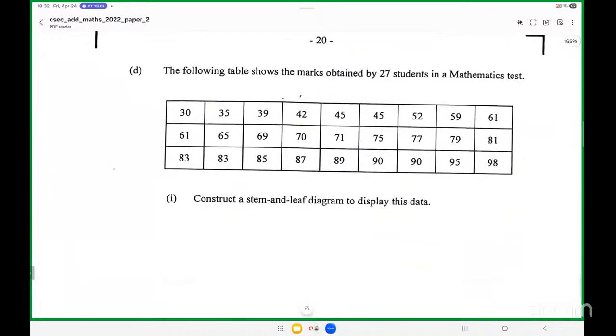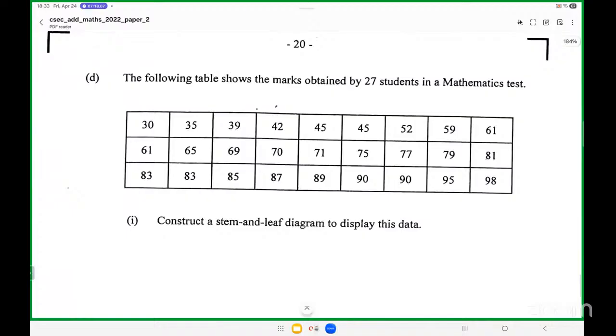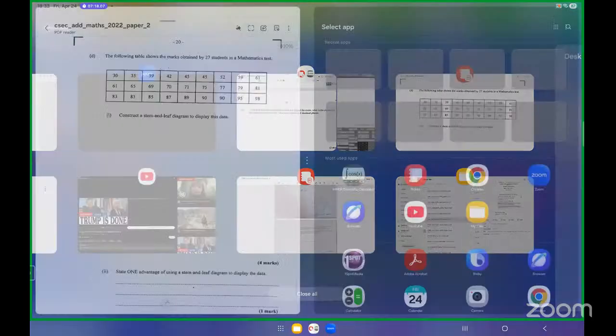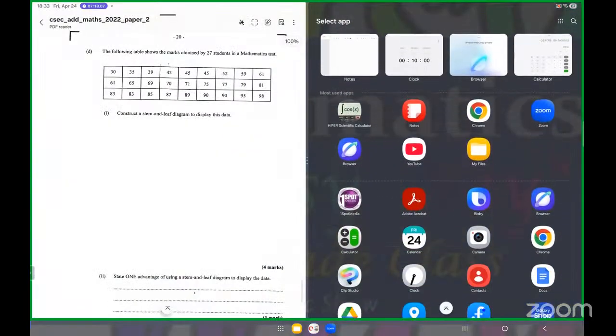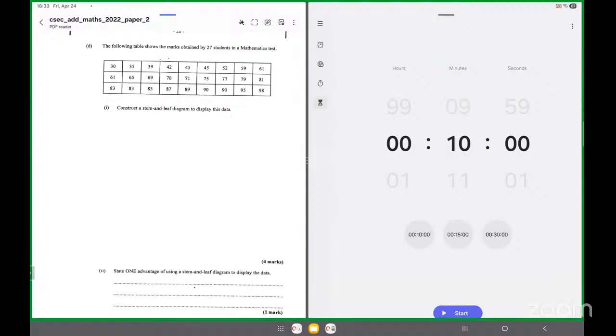The following table shows the marks obtained by 27 students in a math test. Construct a stem and leaf diagram. Guys, do this for me. Then state one advantage of using a stem and leaf diagram to display the data.